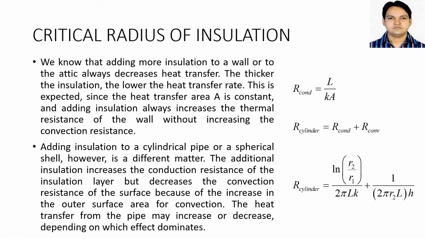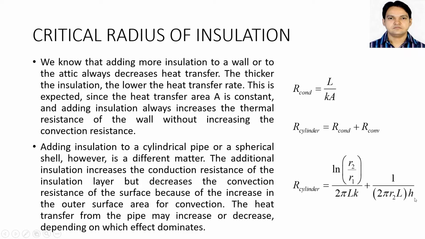But when we come to a cylindrical or spherical system, the resistance offered is a combination of conduction plus convection. In the case of a cylinder, your conduction resistance is ln(R2/R1), where R2 is the outer radius and R1 is the inner radius, divided by 2πLk, plus the convection resistance, which is equal to 1 upon area, that is 2πR2L, into h.